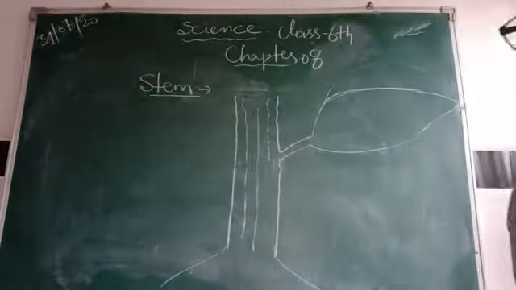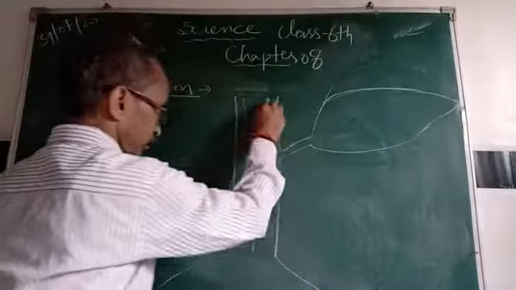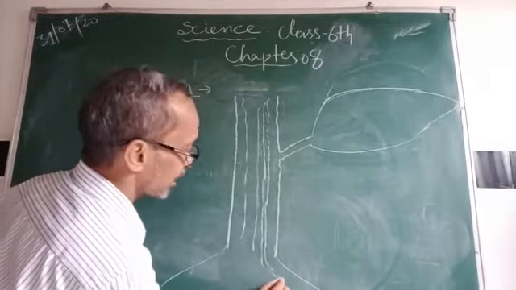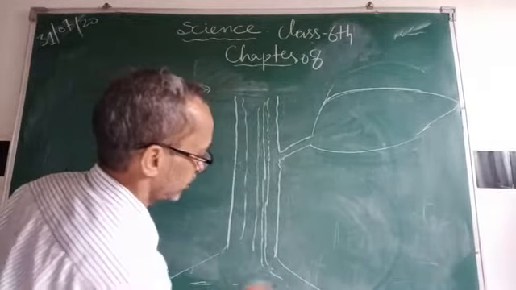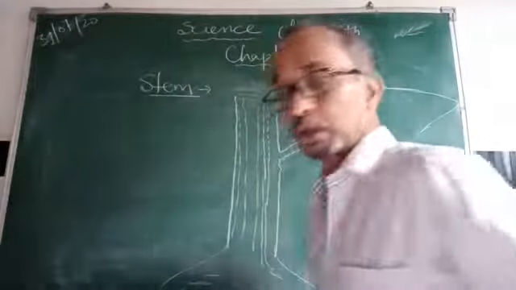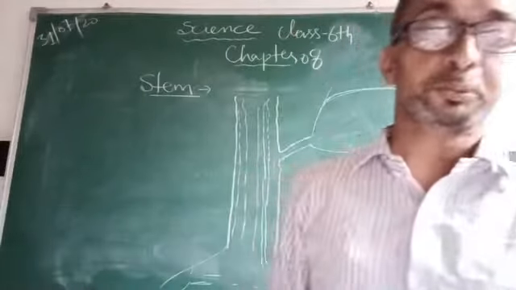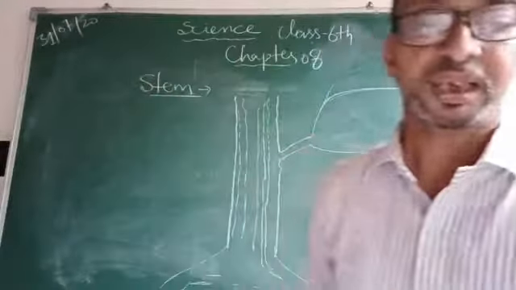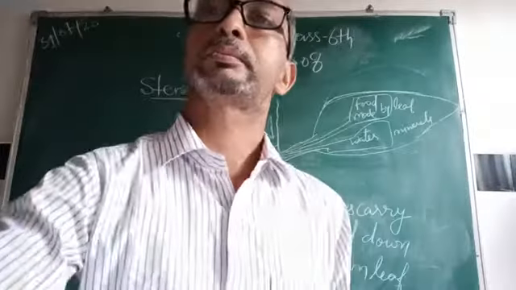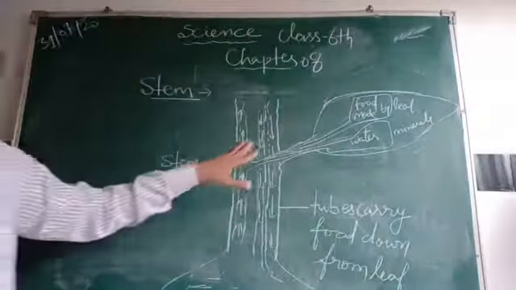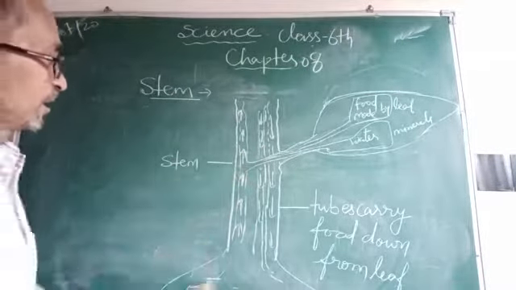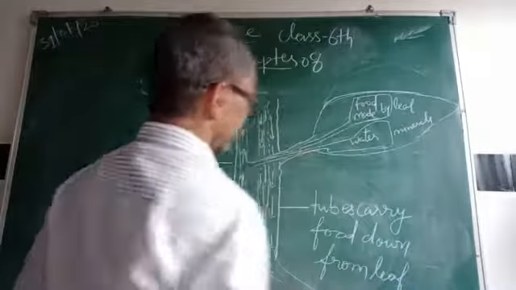In these stems there is a way for absorbing water and minerals from the ground. So the part of a plant which rises vertically up from the ground is called its stem. These are the figures of the stems. Stems rise up from the ground. These are the stems and these are leaves.